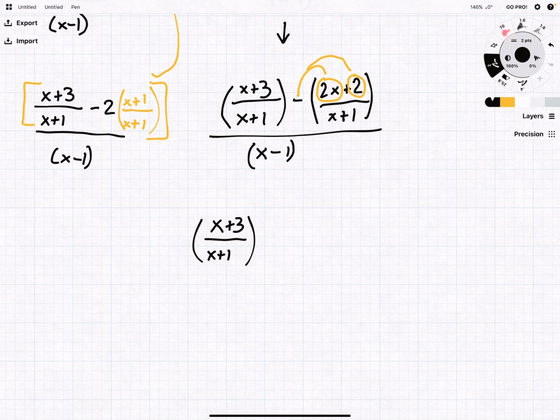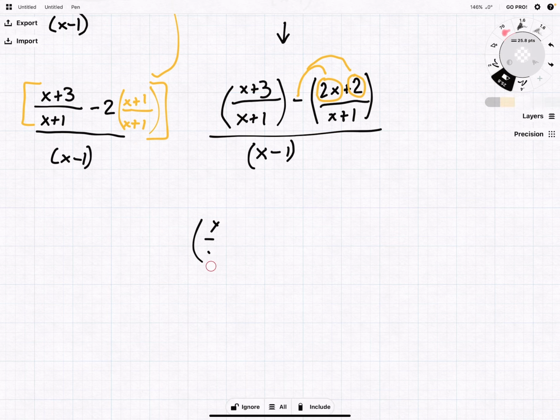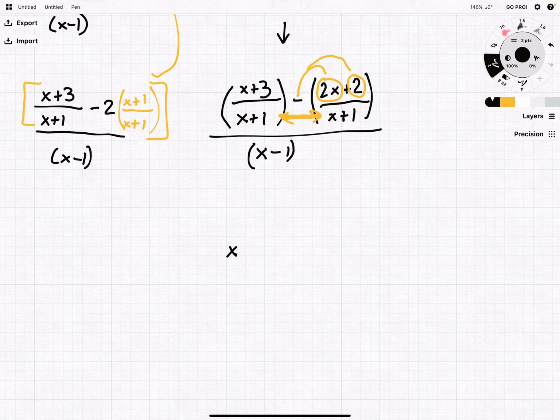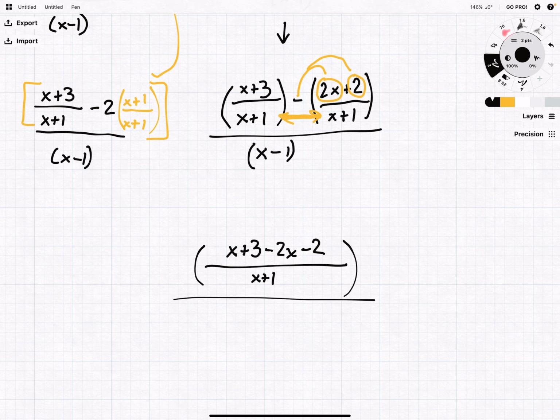Let's put this all under the same denominator, right? That way we can actually start to subtract some of it. So we'll have (x plus 3 minus 2x minus 2) all over (x plus 1). And this whole entire thing is all over x minus 1.